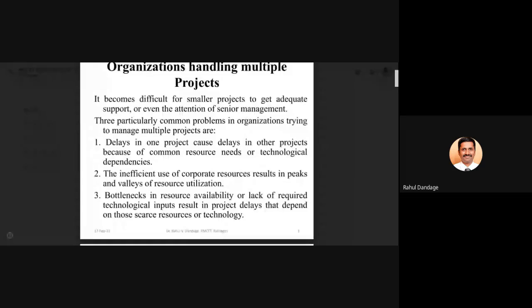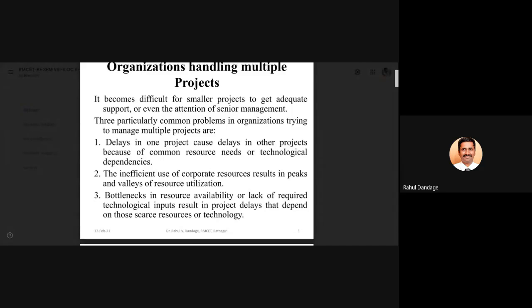Maybe the resource needs more financial investment, that's why it is not available in huge numbers. So in that particular case, if there are multiple dependencies on that particular resource, let us say there is some machinery, and most of the projects need that particular machinery, the cost of that machinery is very high, so you cannot have multiple units of that machinery in your organization.